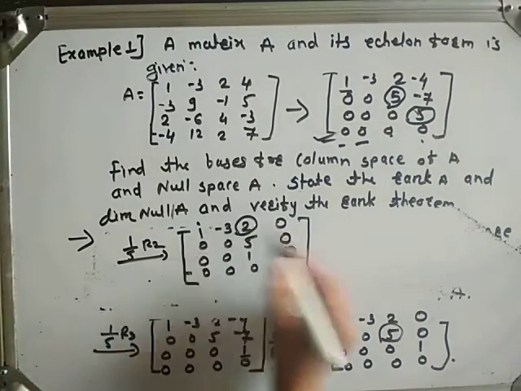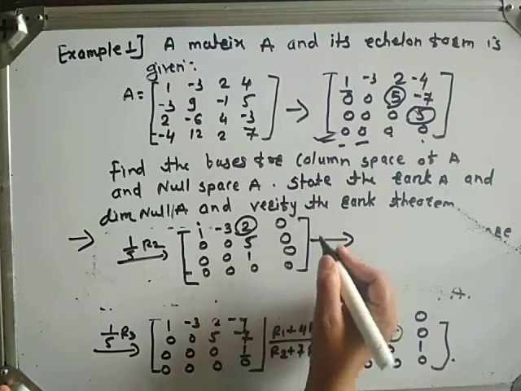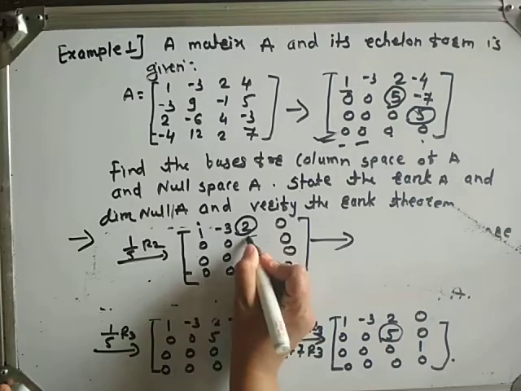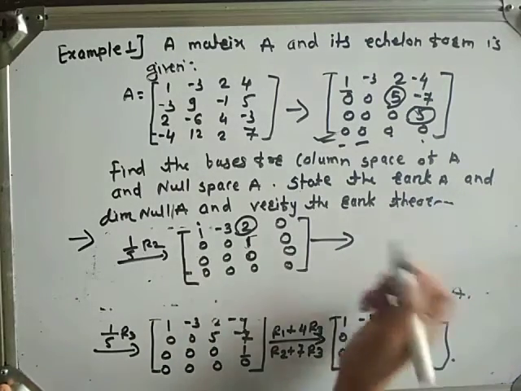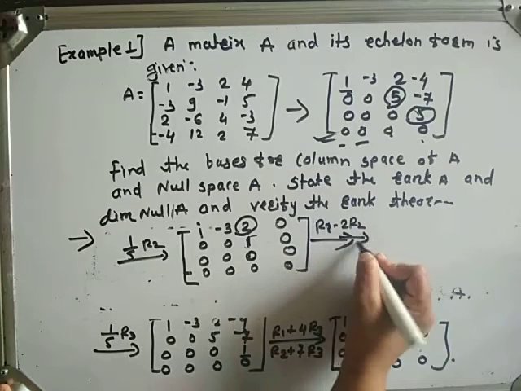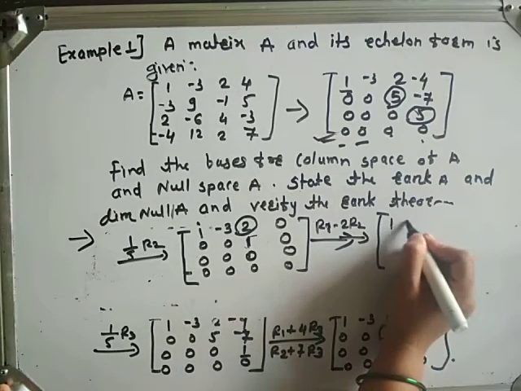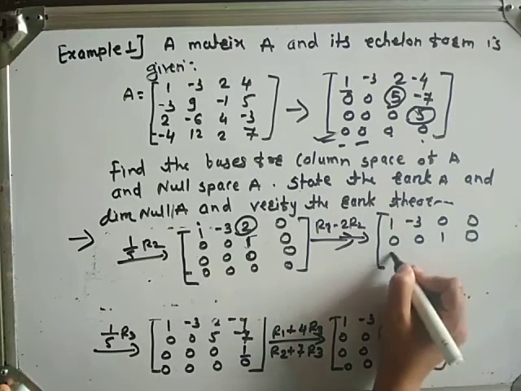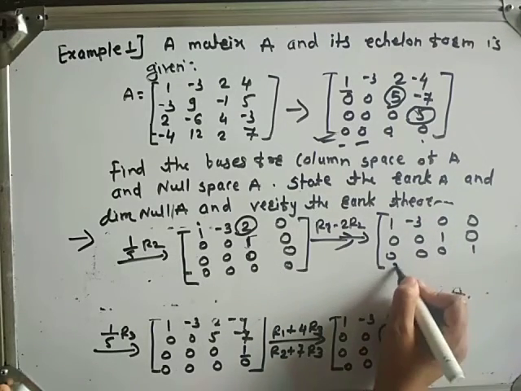Here we require 0, so we perform the row operation 1 by 5 into R2. Therefore the matrix becomes 1 -3 2 0, 0 0 1 0, 0 0 0 1, 0 0 0 0. Here we require 0, so we perform the row operation R1 minus 2 R2. Therefore the matrix becomes 1 -3 0 0, 0 0 1 0, 0 0 0 1, 0 0 0 0.